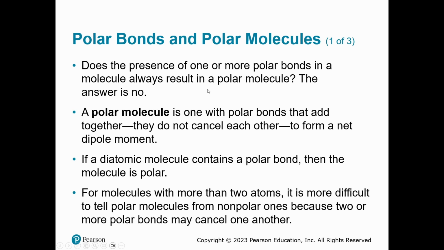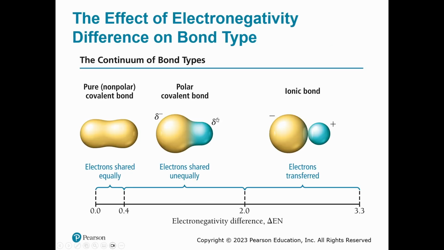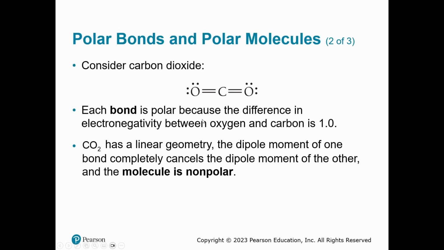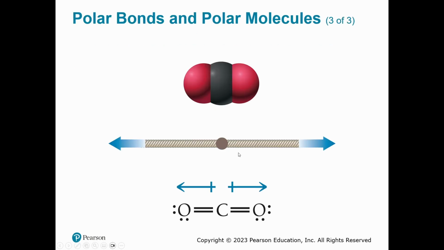So if we have symmetry, like in CO2, carbon and oxygen are polar and are different enough in their electronegativity that their value is greater than 0.4. However, because of the symmetry of oxygen on one side and on the other side, this pulls apart on carbon equal and opposite. Because of this equal and opposite pull, we would call carbon dioxide nonpolar due to symmetry.